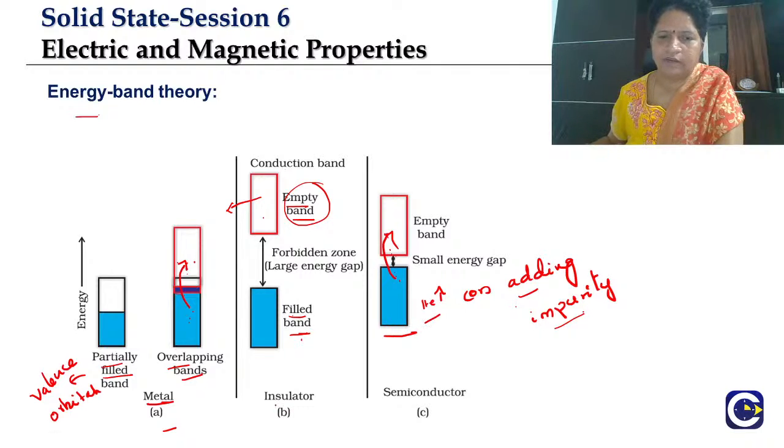If we look at an insulator, the distance is so much that none of these things can help it conduct. So in insulators, the distance between the filled band and the conduction band is very large. Even if we heat it, or add impurity, because this distance is so large, it will not conduct.